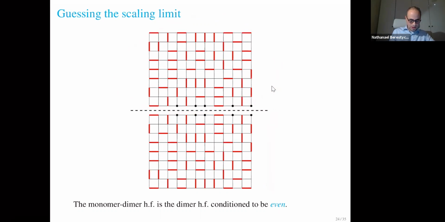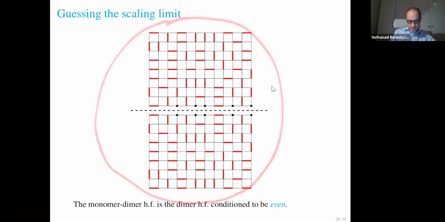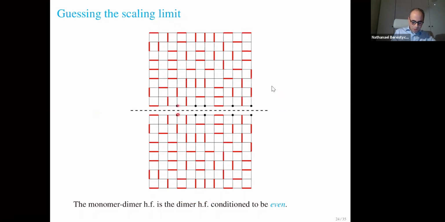So I add a line at distance a half from the monomer part of the boundary, and then I reflect this entire configuration. In this way, I get dimers in a domain that's twice as big, but also with monomers that are sitting across from one another.